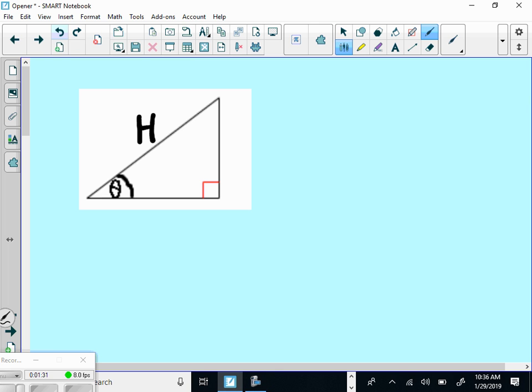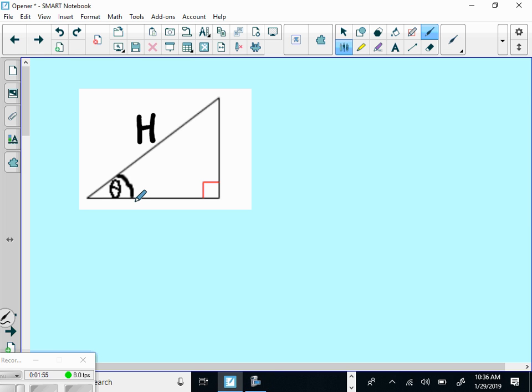The other 2 sides, the legs, they make the 90-degree angle. One of them is the opposite, O, and one of them is the adjacent, A. It's easier to spot A. The adjacent side, which adjacent just means next to, is the side next to our selected angle. Now our angle in this case has been selected for us. We've got this little mark here saying that this is the angle we're using. We want the side that's next to our angle.